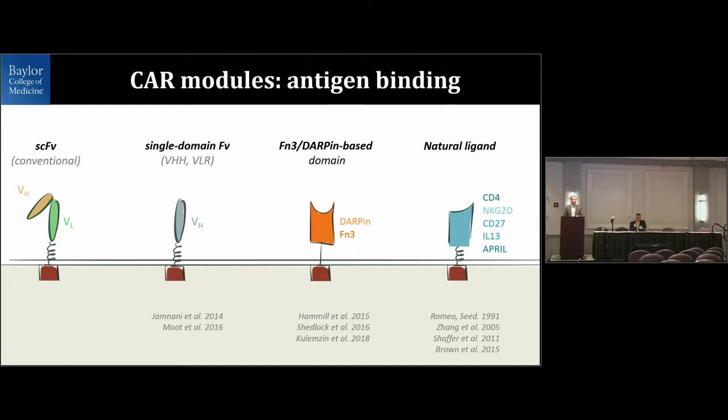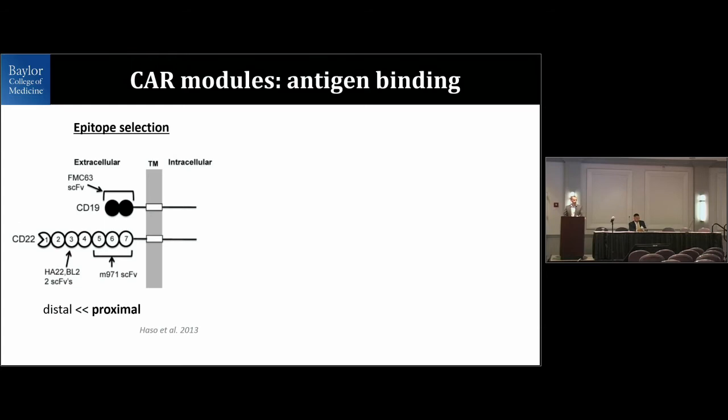Likewise, one can use the human type 2 fibronectin repeats or DARPin ankyrin repeats to program and to engineer them to recognize your target specifically, and these are even smaller than a VH region. And obviously one can use a natural ligand, if available, to bind the surface molecule that you're targeting, and examples are shown there on the right.